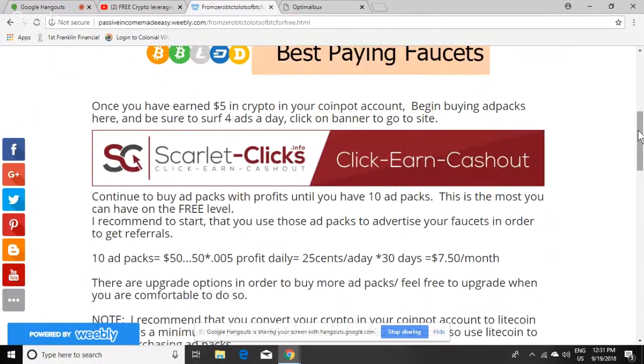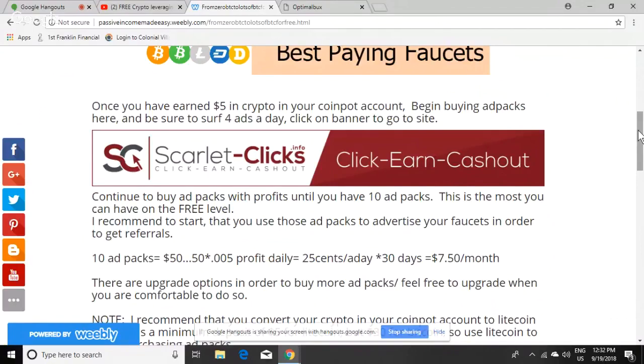So it'd be best if, when you take your money out of your faucets, if it's in the coin pot or whatever, convert it to Litecoin, move it out to your preferred wallet. I got Coinbase, I got Jaxx, and I got a couple other ones. So I just ship it out to that, and then deposit it into Scarlet Clicks and start buying ad packs.